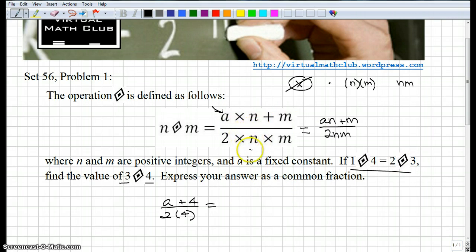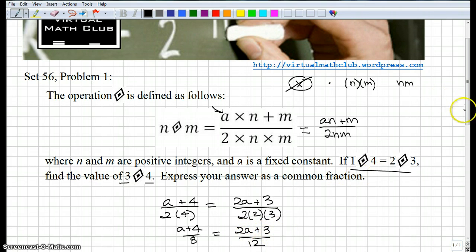So let's plug in 2 for n, so that's a times 2, which I'm going to write as 2a, plus m, which is 3, and over 2 times 2 times 3. Okay, so we're told that those two things are equal to each other, so when we rewrite it in terms of the definition of the operation, this is what we get, and now we ought to be able to solve for a. So let's simplify this a little bit. So we have a times (1 plus 4) over 8 is equal to 2a plus 3 over 12.